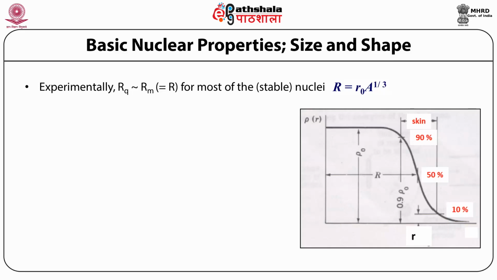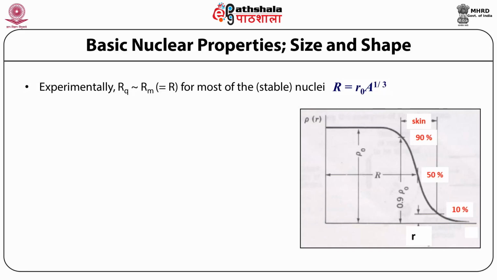And this R, as we have seen in the previous slide also, increases as the mass number increases for different masses. The value of R, that is the size of the distribution, increases.